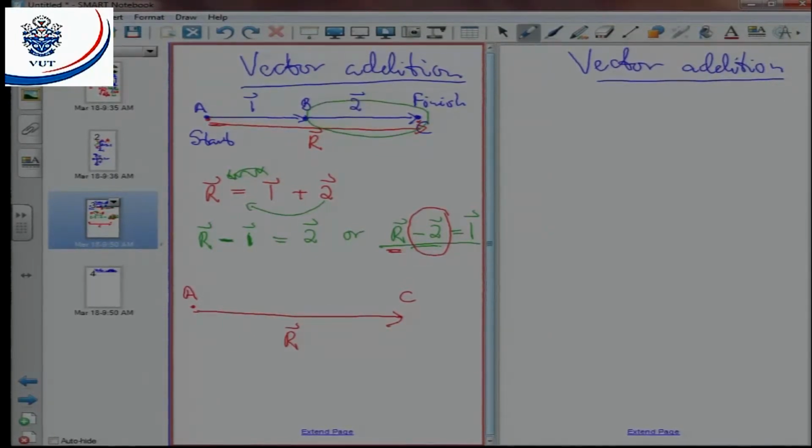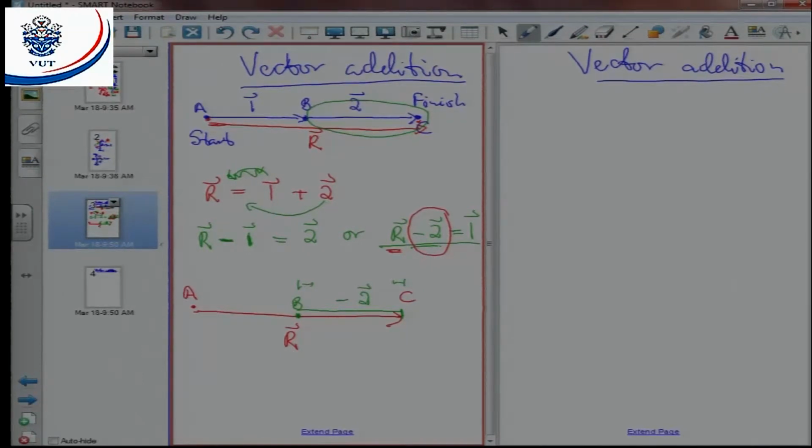It started at B and it went to C, so if I can just redraw B, there's our B. Now when I'm minusing 2, that means I'm walking in the opposite direction. So instead of going from B to C, I'm going to go from C to B. Okay, so now minus 2 is a vector starting from C all the way back to B. So that vector is minus 2, not minus B. So let's correct that. That vector over there is minus 2.